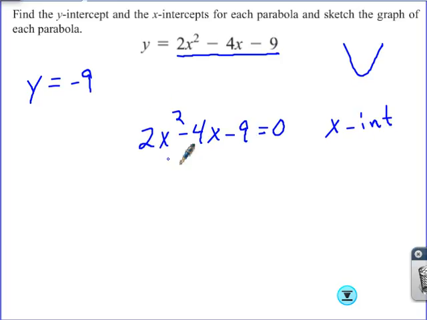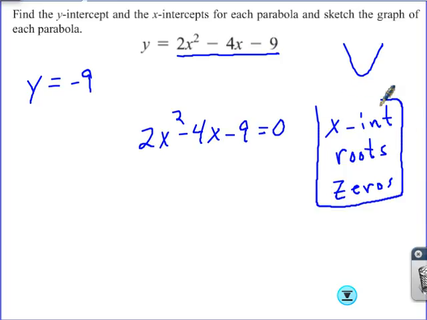It's the x-intercepts of this parabola, which is also known as the roots of that parabola, or the zeros of that parabola. Those three terms are used interchangeably. So if I ask you to find the x-intercepts, the roots, or the zeros, I mean the same thing. Just going ahead and knocking that out early. So let's look for the roots, the x-intercepts, the zeros.